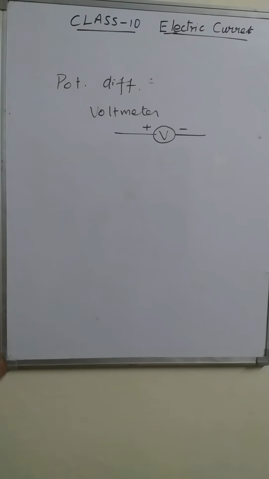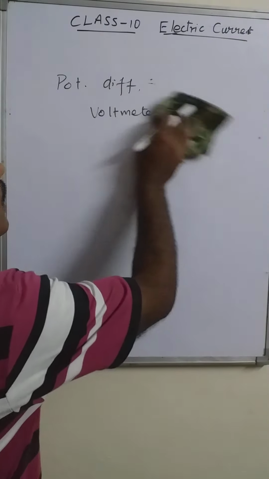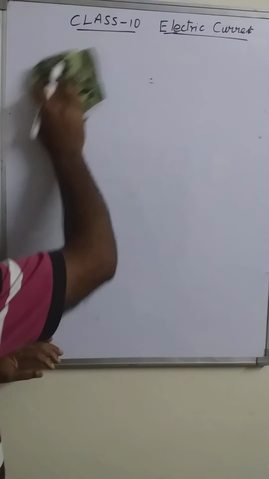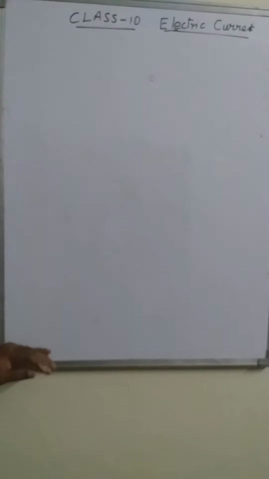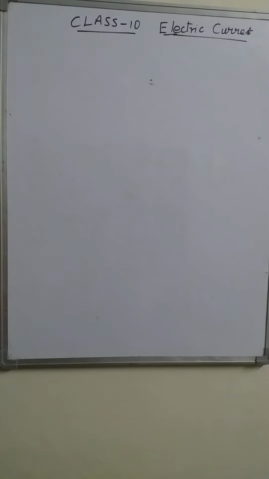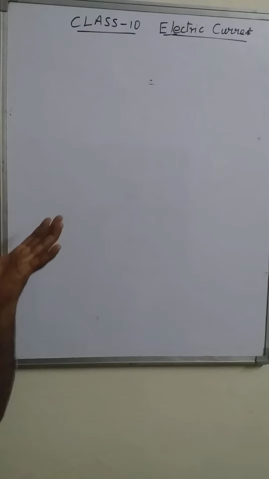So we have discussed two terms, electric current and potential difference. Now, for the flow of current, potential difference must be developed across any 2 points, and those 2 points are at some place. And where is that place?